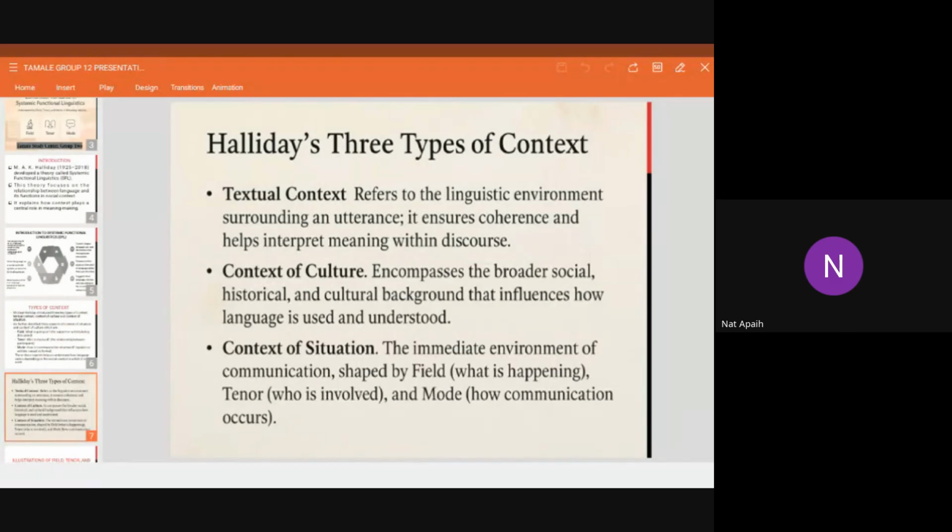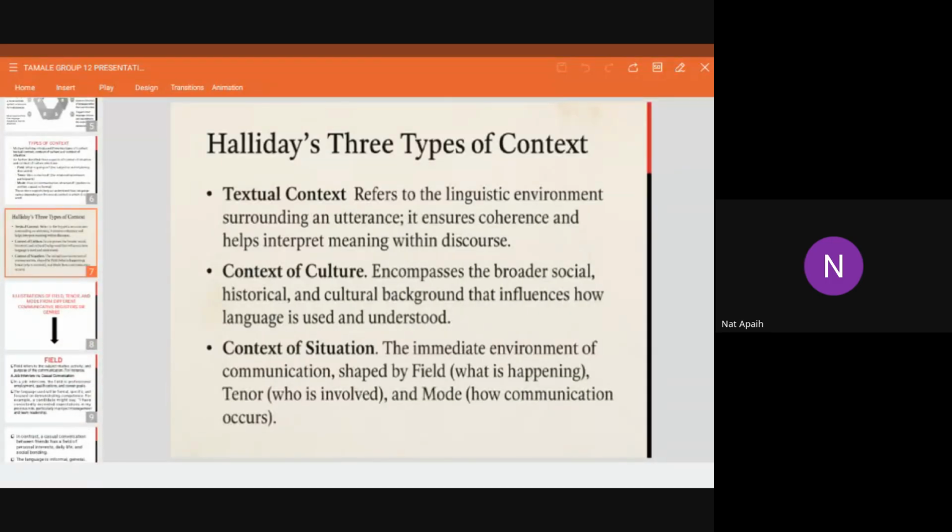So, for example, what you say in an Islamic community might mean differently from, let's say, a Christian community. So that's the broader context that we are talking about. Then the next one is the context of situation. So this one is the immediate environment of communication. And this one is shaped by the field and the tenor.